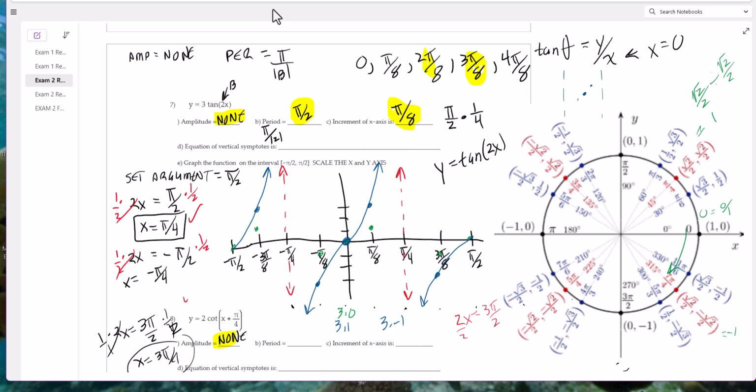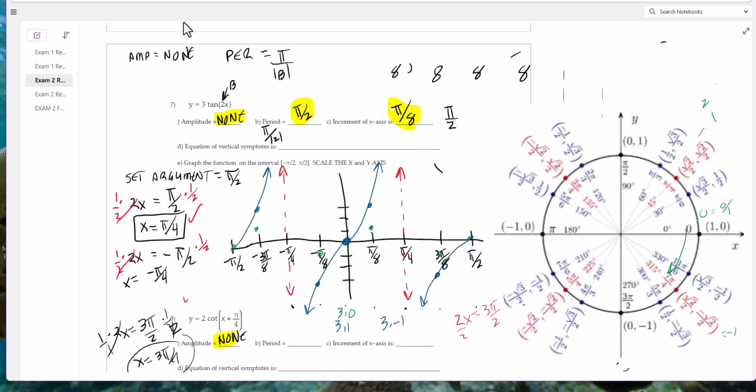Now, if we want to get the equation of the vertical asymptote, then we can either use a formula, or you can just figure out the pattern on your own if you want to. So the formula goes like this for the vertical asymptote. It's just x equals, pick a vertical asymptote, plus the period times k, where k is an integer.